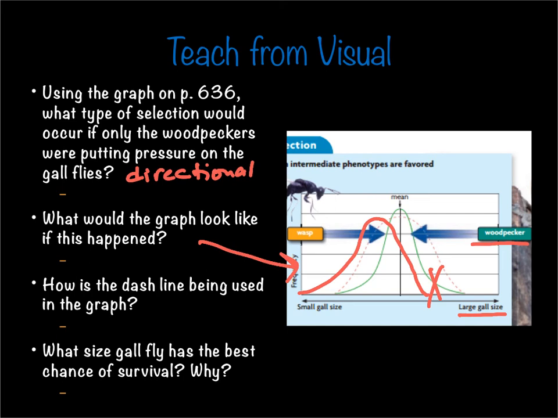According to this example from the book, where it's getting pressure from both sides, both the wasp eating the small size and the woodpeckers eating the large size gall flies, what type of selection is this? This is stabilizing selection, and notice we're getting more middle. The intermediate or average size gall fly would be surviving the best.